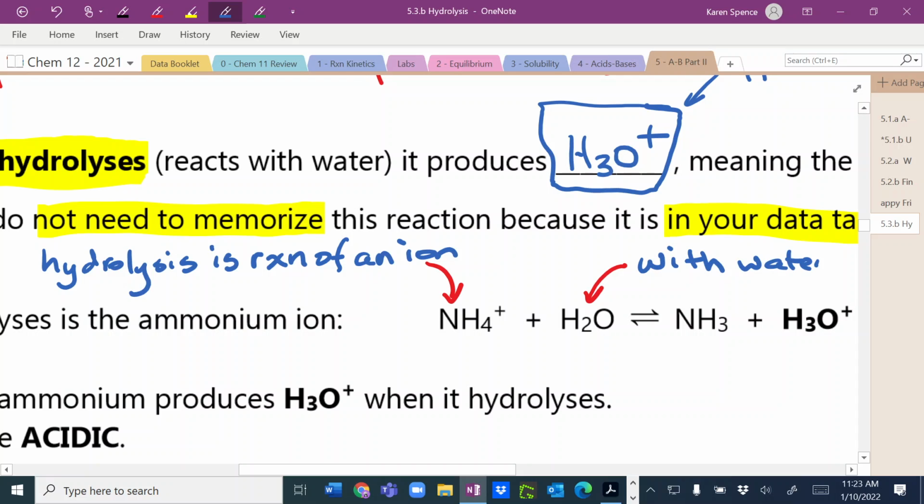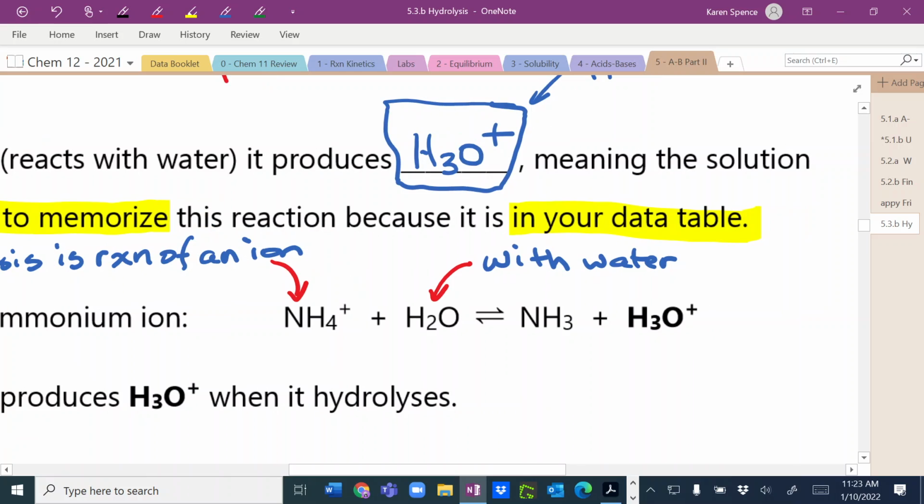If you're showing the hydrolysis, you can't do the little cheat thing where you just take off the hydrogen. It would not be okay to write NH4+ gives NH3 plus H+, because that's not showing the hydrolysis, which specifically says it has to be reacting with water.